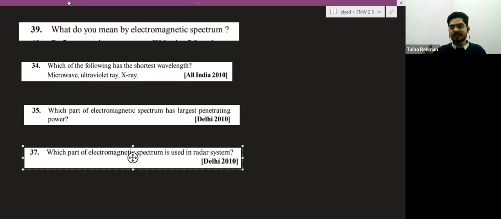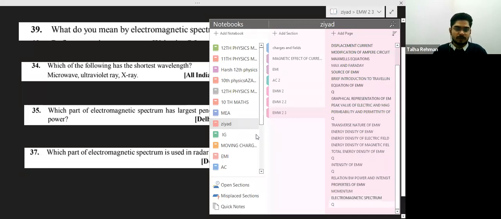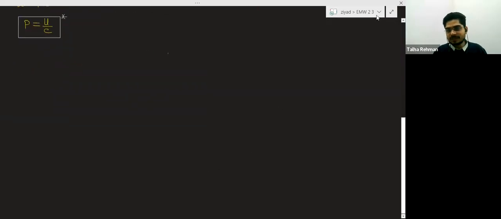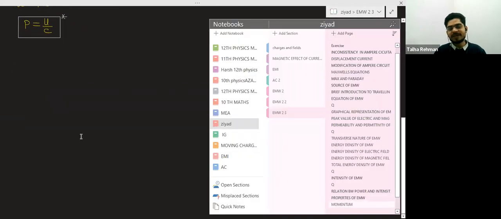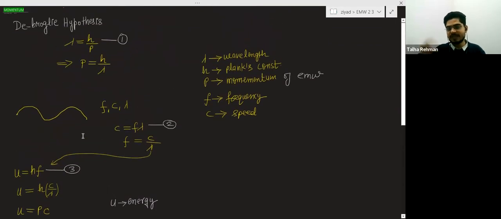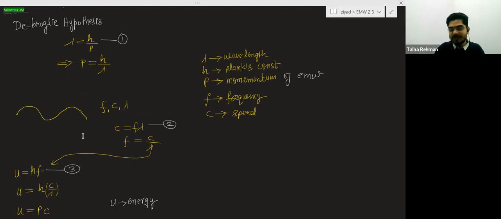This electromagnetic spectrum is an important topic from the CBSE 12 point of view, so you have to learn the basic uses. Now there is one more topic, properties of electromagnetic waves. This was already completed when we did it: electromagnetic waves have a transverse nature, and they travel in free space with the speed of light.